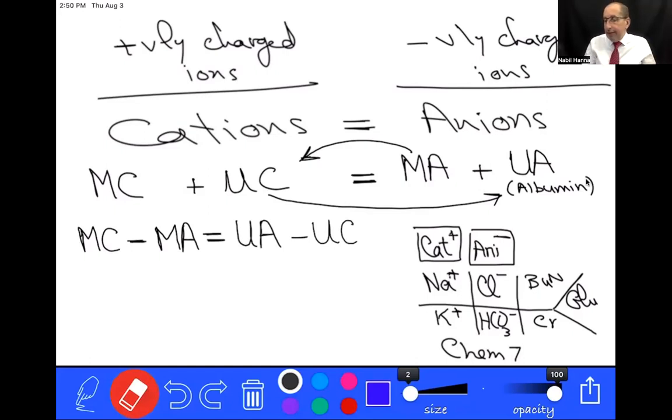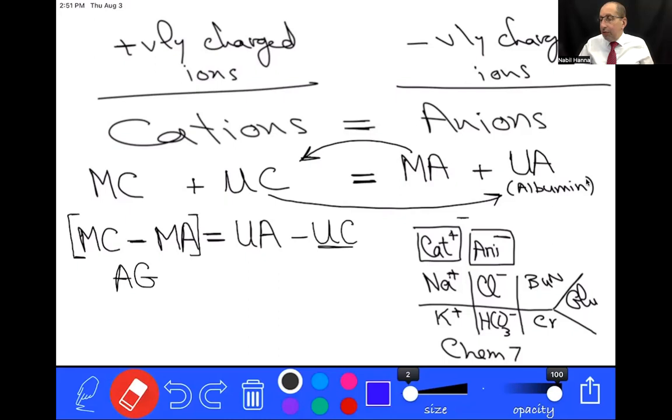Scientists agreed that we are going to call this part, measured cations minus measured anions, which is the first column in Chem7 minus the second column, the anion gap. And what are the unmeasured cations?